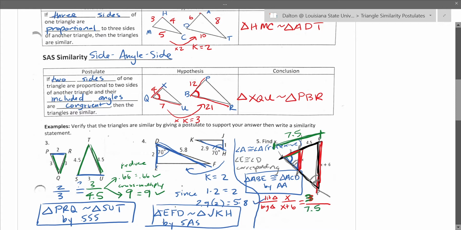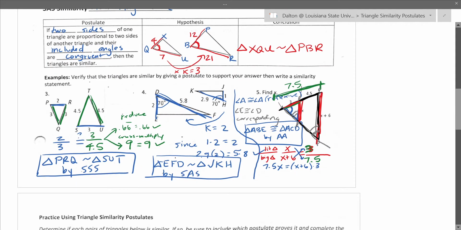And then if I'm going to solve, I need to go ahead and cross multiply. So I'm going to multiply x times 7.5. So that's going to be 7.5x. And that's going to equal x plus 6 times 3. So then I'm going to get 7.5x is equal to, and then I'm going to distribute that 3, so that's going to be 3x plus 18.